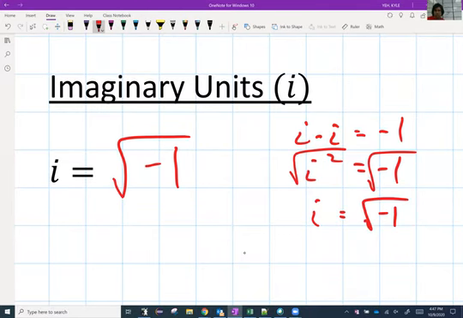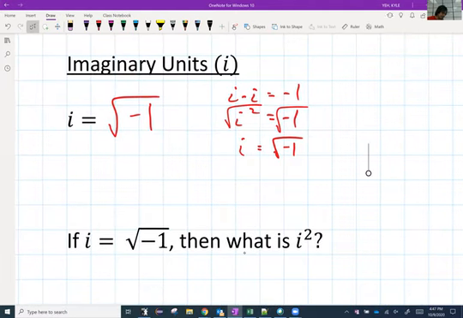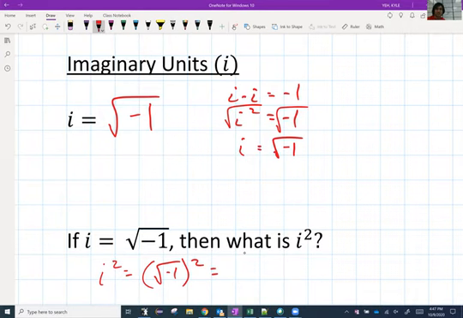So that's kind of a long-winded explanation as to what i is, how it came about. And I kind of answered the second question in my explanation. If i is root -1, what is i squared? Well, i squared then would be root -1 squared. And what is a square root squared?